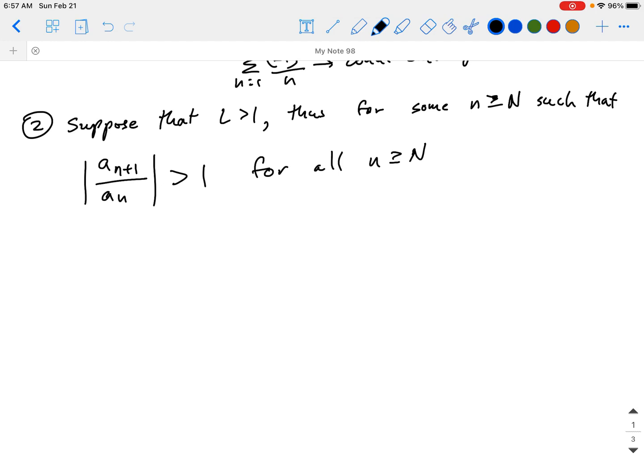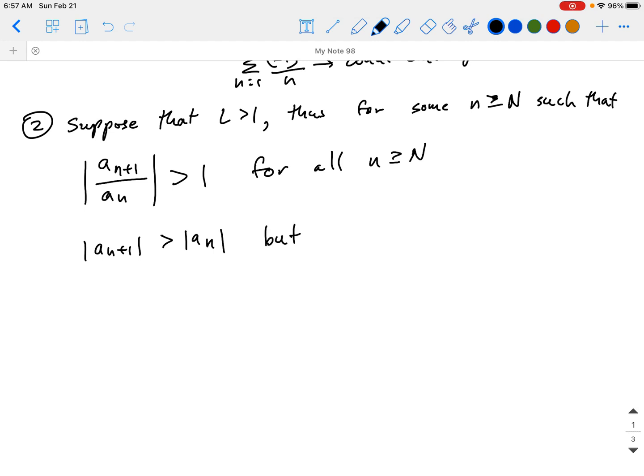So we can take our absolute value inequality here and we can manipulate it a bit. So we'll note that this is going to be the same as saying that the absolute value of a_(n+1) is greater than the absolute value of a_n.